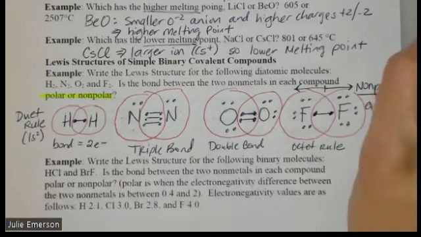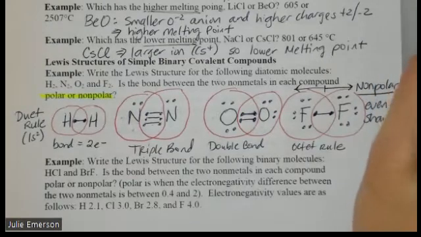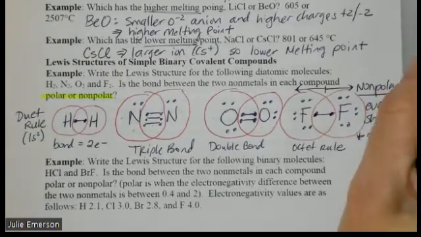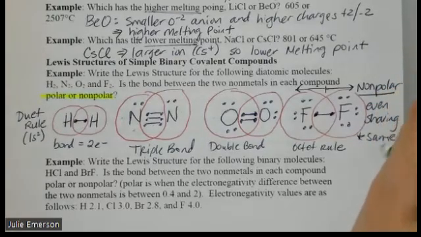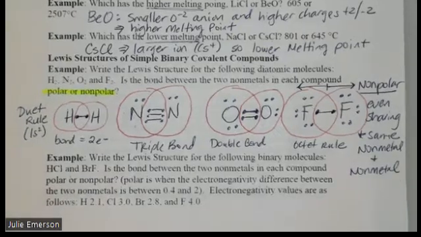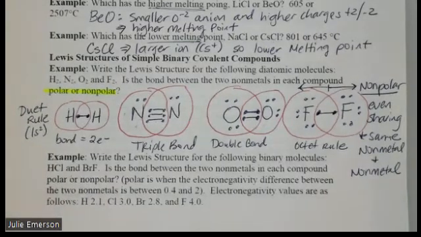What we expect is there should be completely even sharing of the bonding electrons. All right, and that happens when you have the same nonmetal and nonmetal bonding together. All right, so really what this comes down to is the electronegativity difference, and we'll see that in the next chapter, in the next section right here.